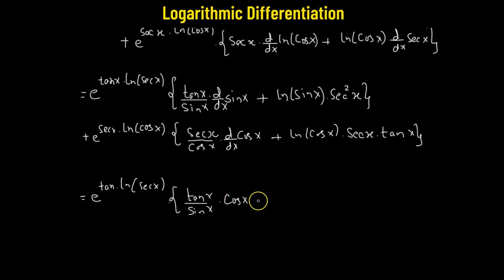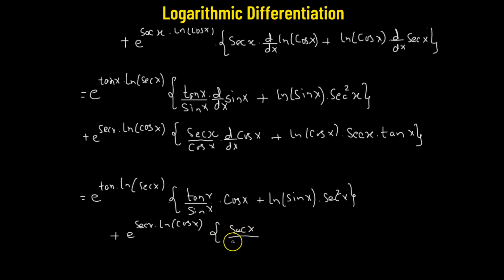So this is cosine of x, plus log of sine x multiplied to secant squared x, added to e raised to the power of secant of x times log of cosine x, whole multiplied to secant of x divided by cosine of x times the derivative of the cosine function, which gives us the sine function, but it will be negative sine x, plus log of cosine of x multiplied to secant of x, which is, let's keep it as secant of x times tangent of x.